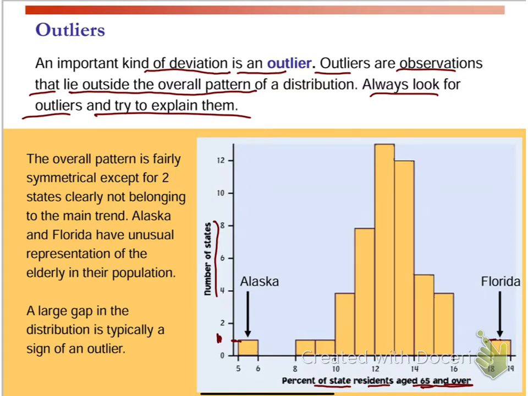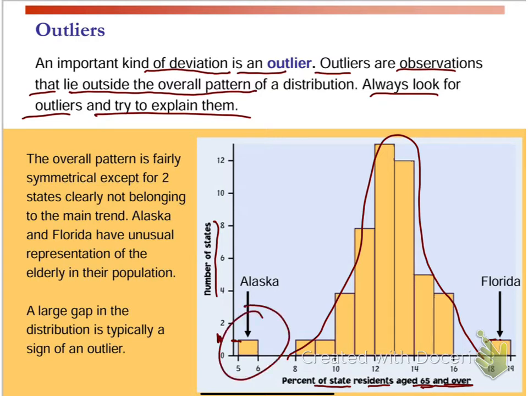If you look at the rest of the histogram, the distribution, I can see that it is fairly acceptable to call it a symmetrically distributed histogram. But this one and this one are outside the pattern of the distribution.